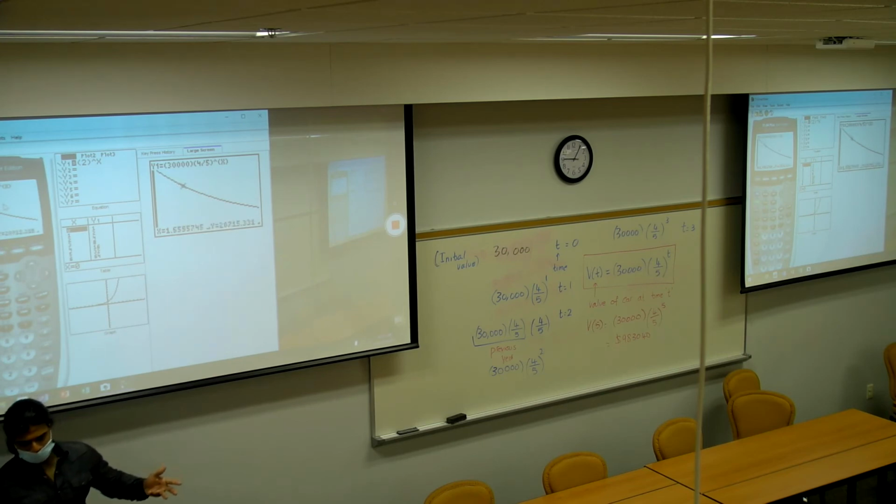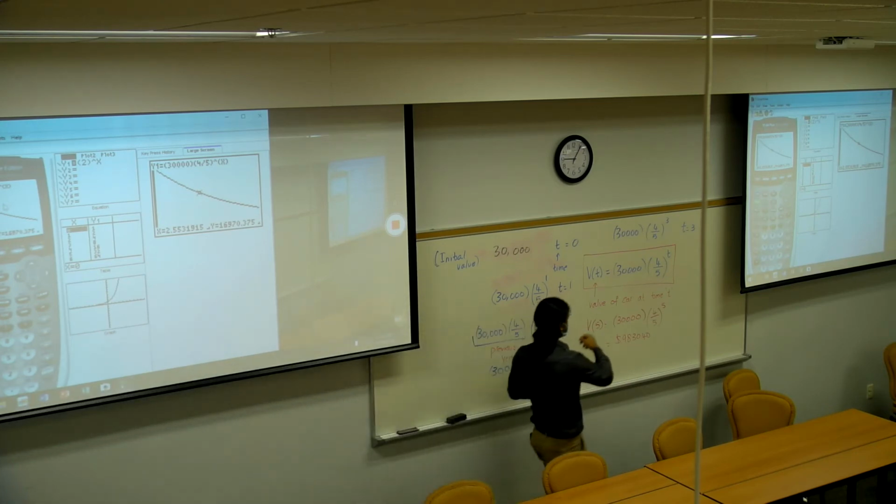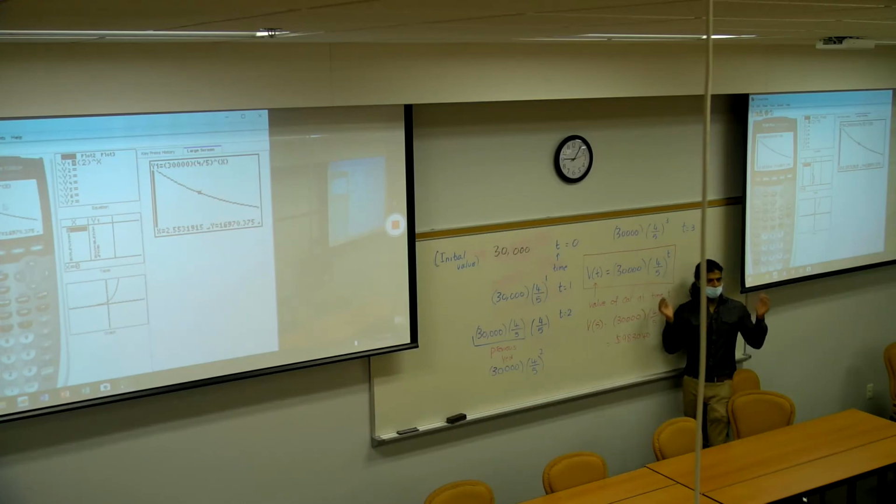Do the same for t equals 2, or 2.5. I get 16,970 and 38 cents. So the advantage of having this model is I could clearly identify the depreciated value of the car for any time t.